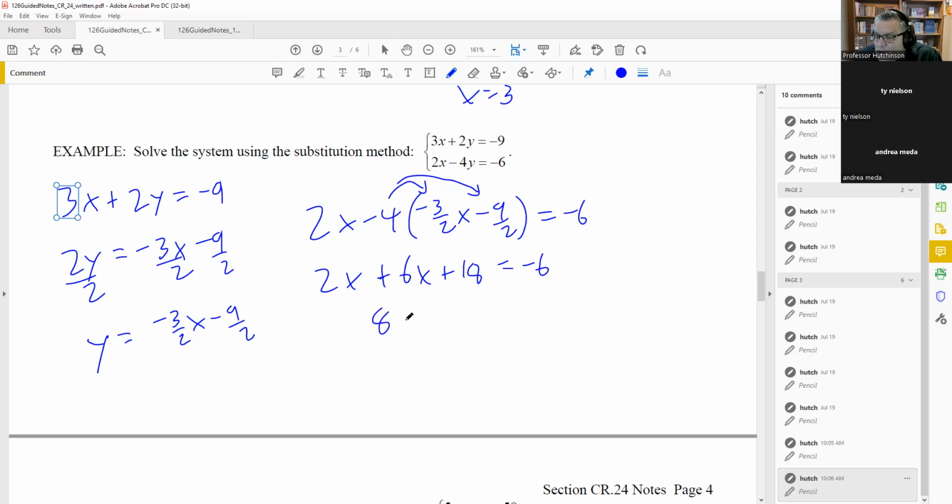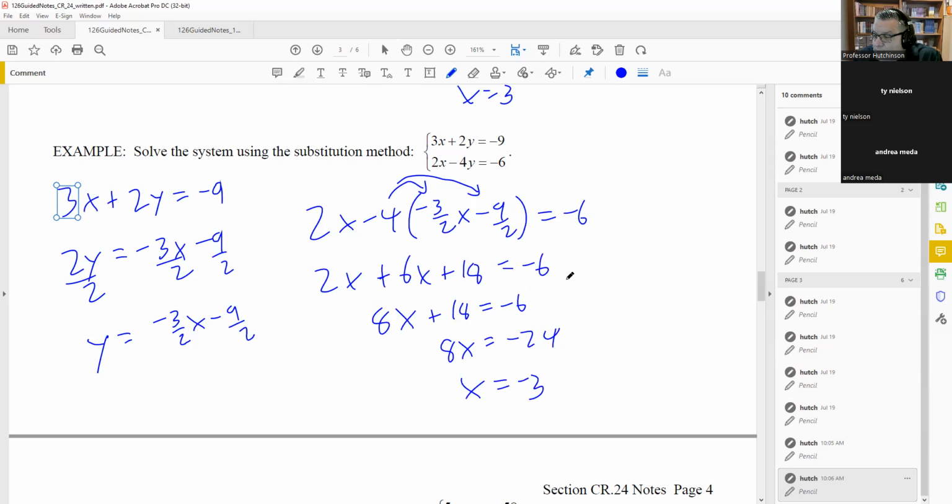Okay, so now we're going to add this together. We get 8x plus 18 equals -6. We're going to subtract the 18 to the other side, and we get -24. Divide both sides by 8, and we get -3 for the x value. Okay.